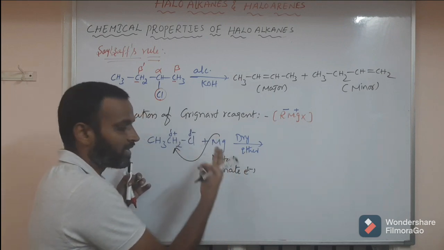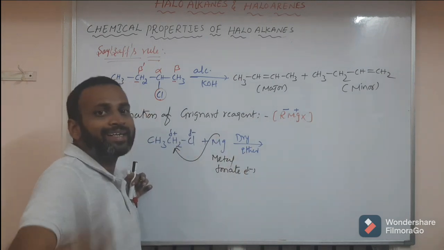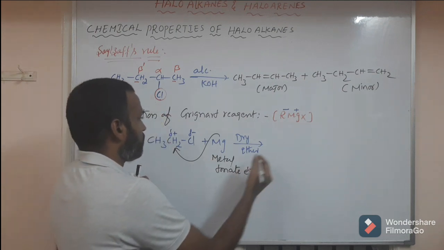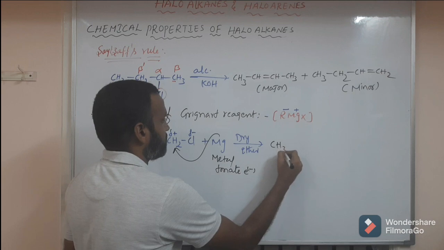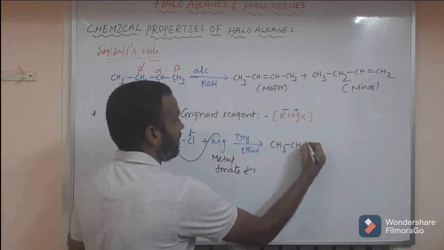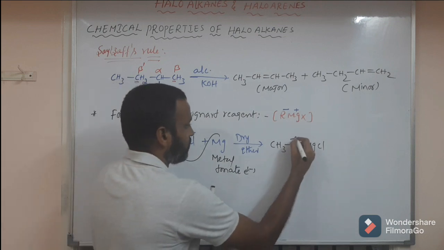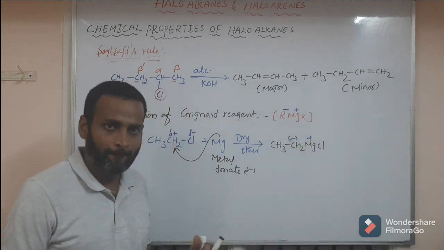Of course, magnesium is a group 2A element. Correct or not? So here what you have is CH3CH2MgCl. You have CH3CH2 minus and MgCl plus.